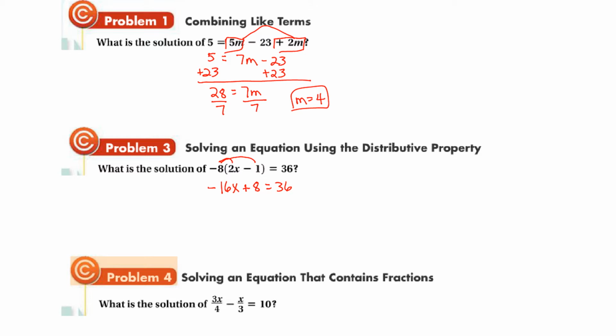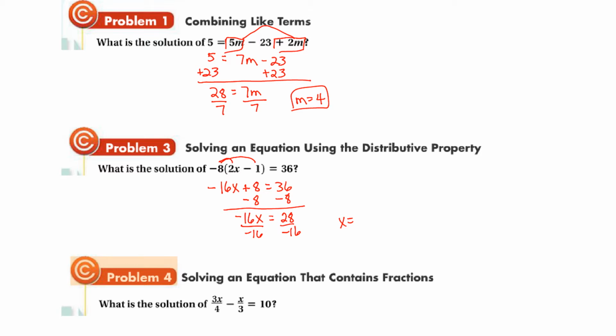Step 3 would be combine like terms on each side. Does not apply here. Step 4, undo any addition or subtraction. I'm going to undo my plus 8 by minusing 8. And I get negative 16x equals 28. I'm going to undo negative 16 times x by dividing by negative 16.